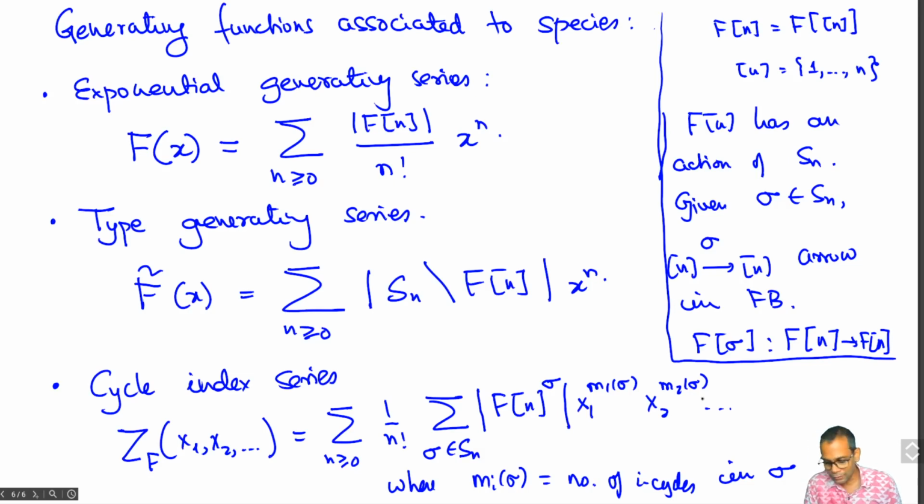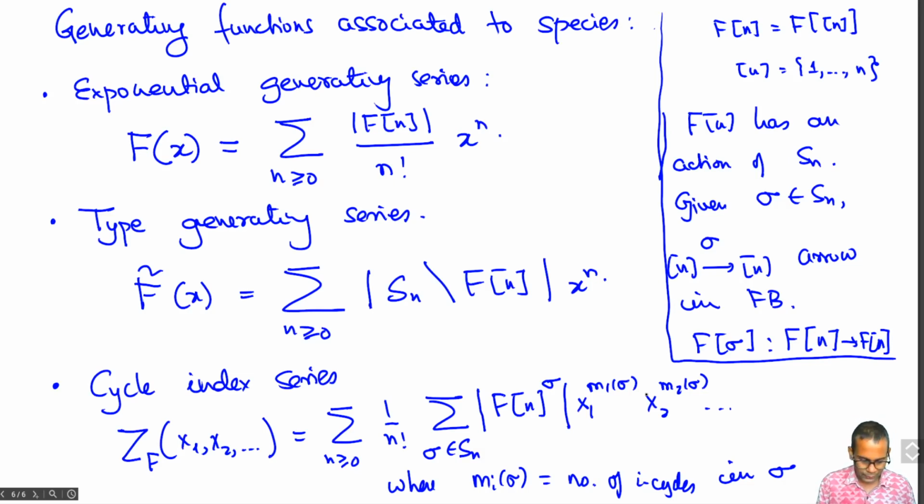So most of these exponents, except finitely many, will be 0, and this is just a finite product. So this is an infinite sum, but the monomials are definitely finite. We think of these as formal power series. There's no question of convergence.